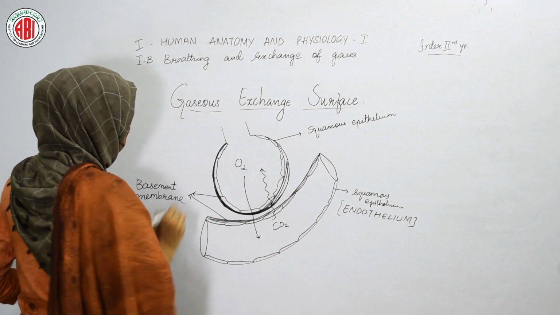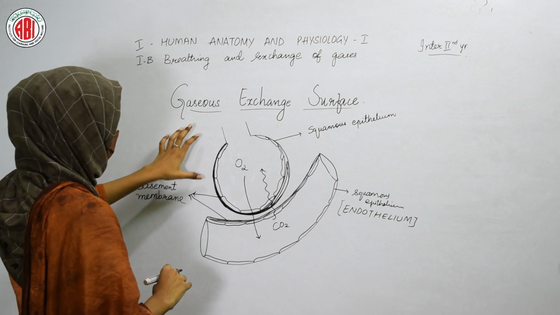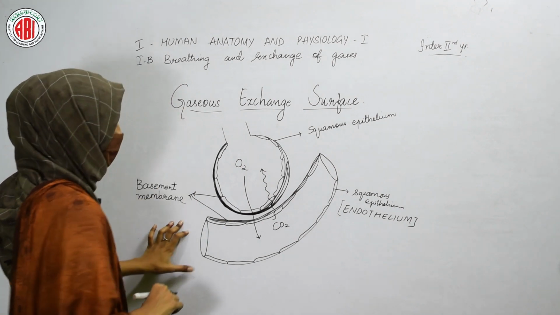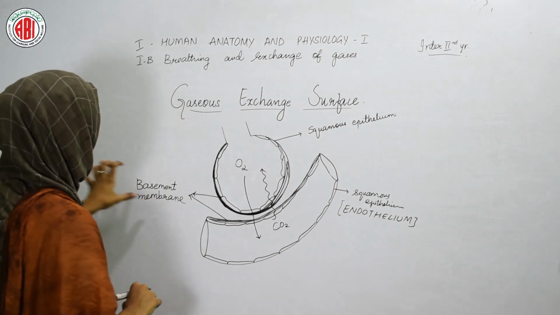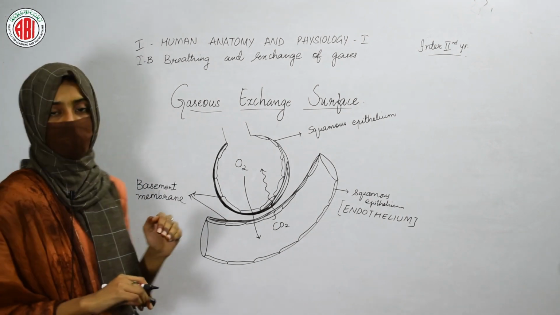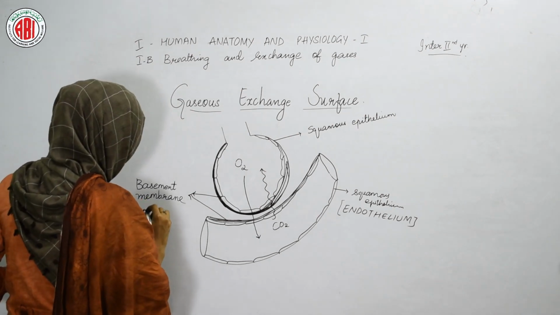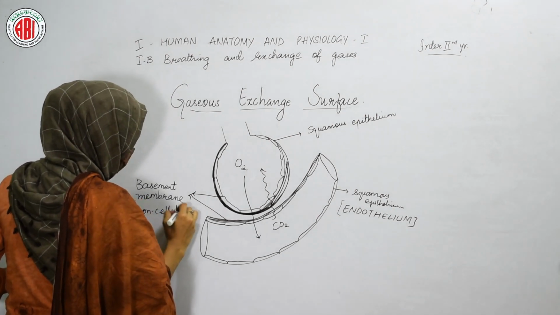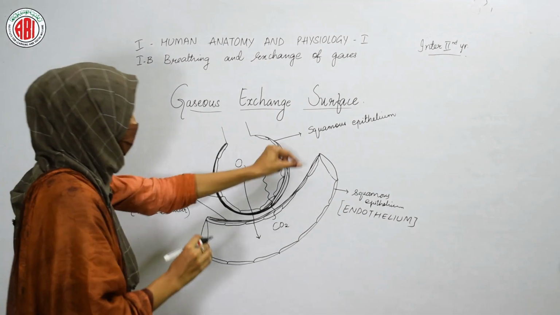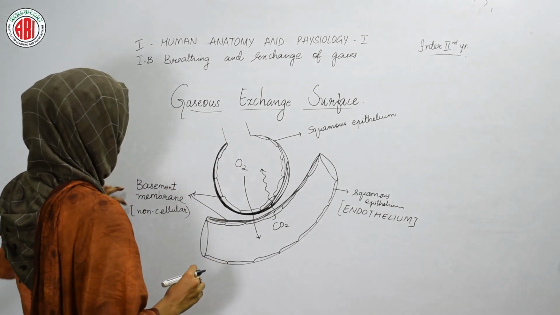So, the membranous structure that is found at the walls of both alveolus and the blood capillaries is termed basement membrane. And the main important feature of the basement membrane is that it is non-cellular. It is not made up of different cells. Only one continuous membrane is found. That membrane is called the basement membrane.